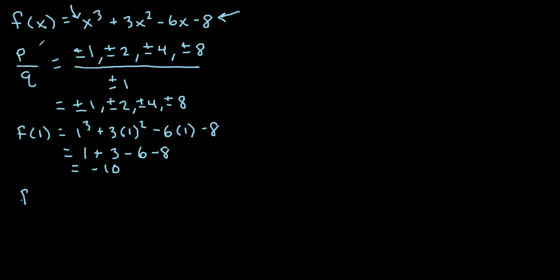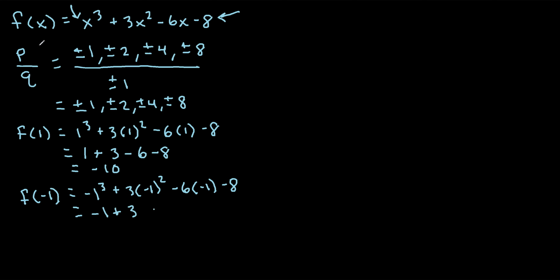Let's try -1. That would be -1 cubed plus 3 times -1 squared minus 6 times -1 minus 8. So -1 cubed is -1, plus 3 times -1 squared. -1 squared is just 1, so that's plus 3.